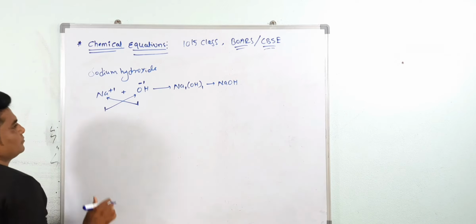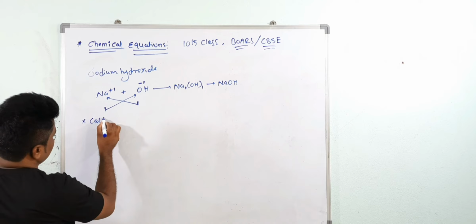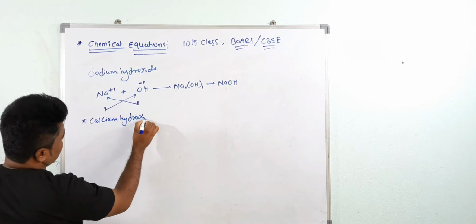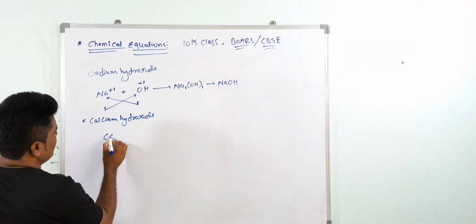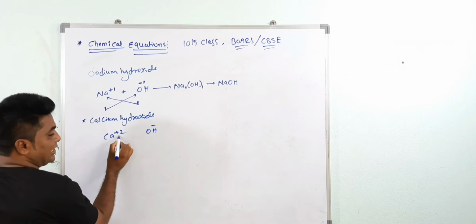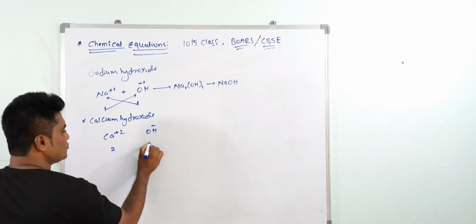For example, calcium hydroxide. How to write it? Calcium means Ca plus 2. Hydroxide means OH minus. Here the valency is 2, so you have to write 2. The hydroxide ion is 1.